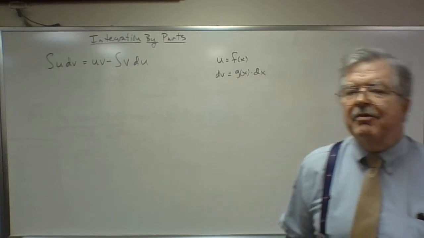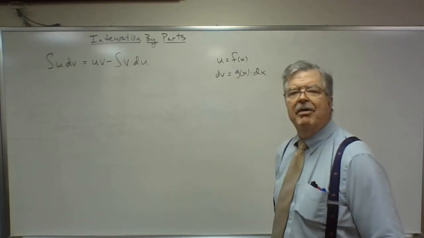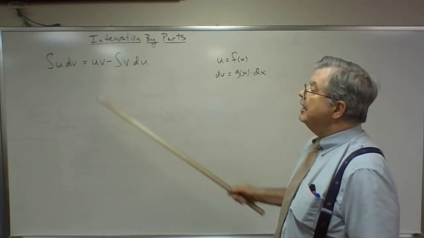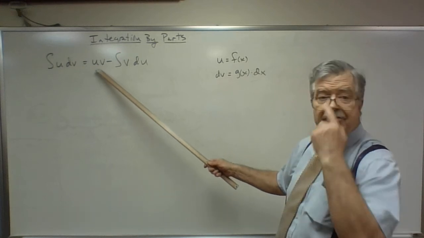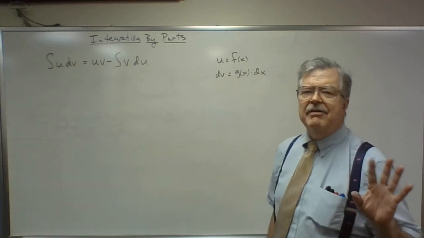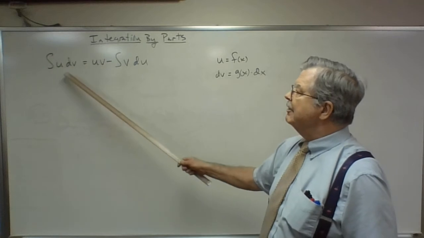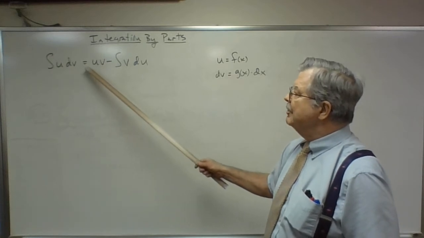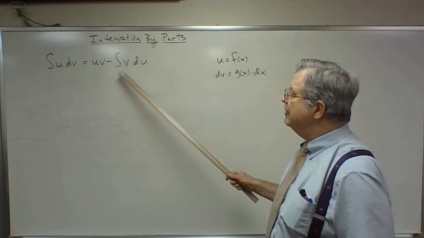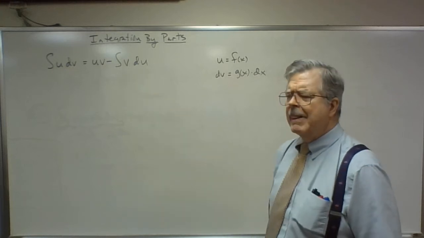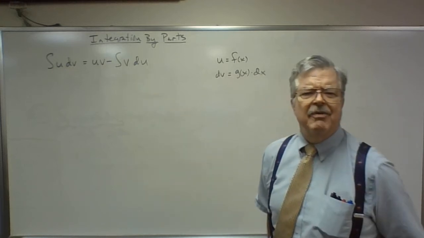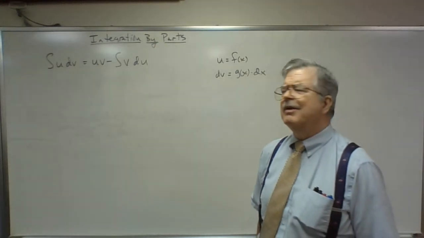Here we go, a crash course in integration by parts. Here's the formula, integration by parts, and we should have this memorized. The integral of u dv equals uv minus the integral of v du. There's sort of a rhythm and rhyme melody kind of thing there.